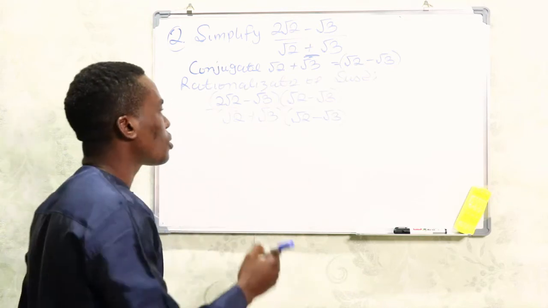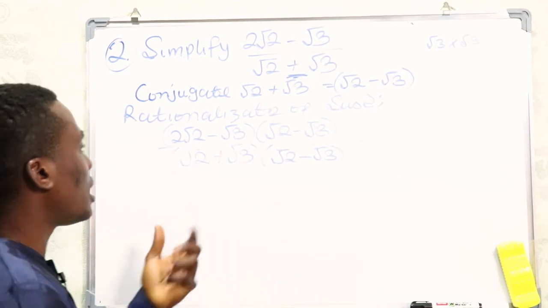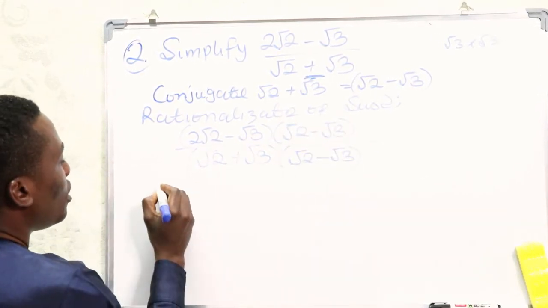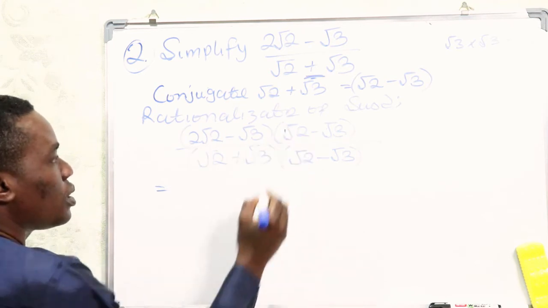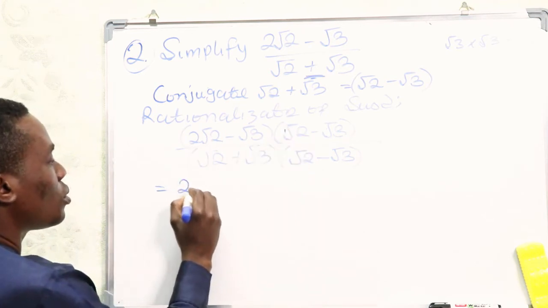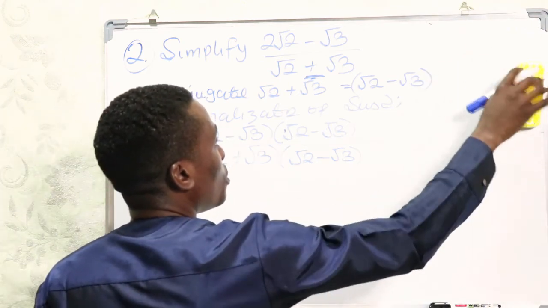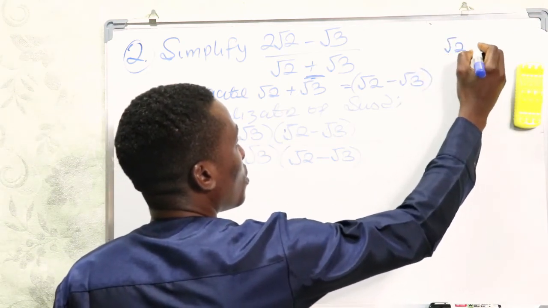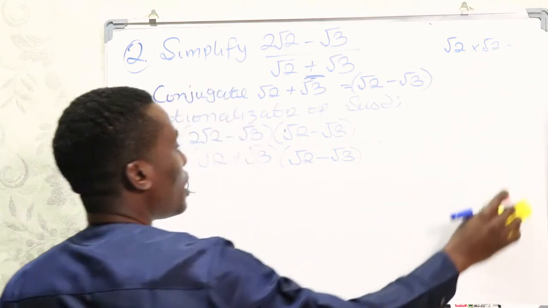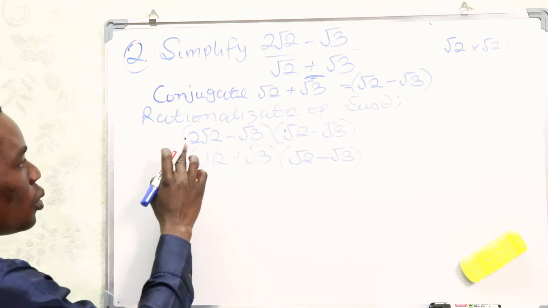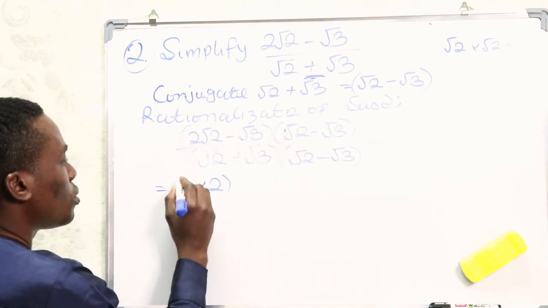Now let's go about solving it. Simplifying this further, we are going to get this. This will be equal to 2 times 1, assuming it is a 1 here, that will give you a 2. And remember, I told you that √2 times √2 should be equal to 2. Remember that rule always. So 2√2 times √2 is going to give us a 4.